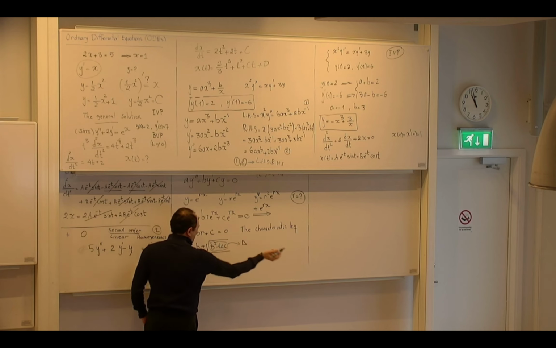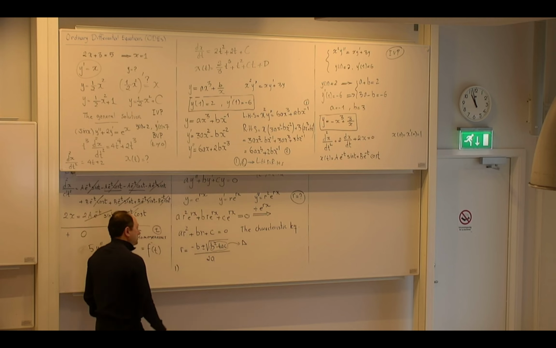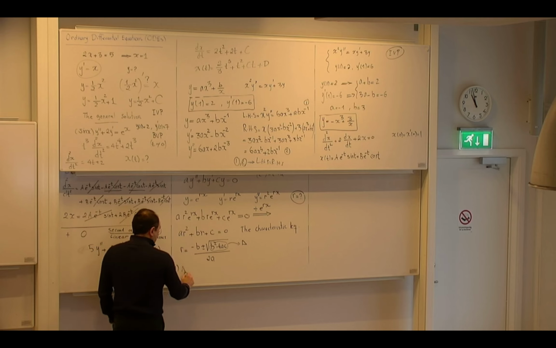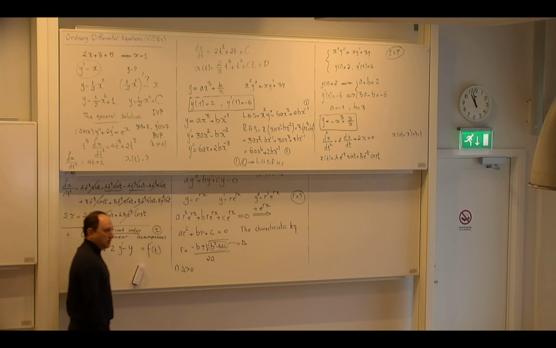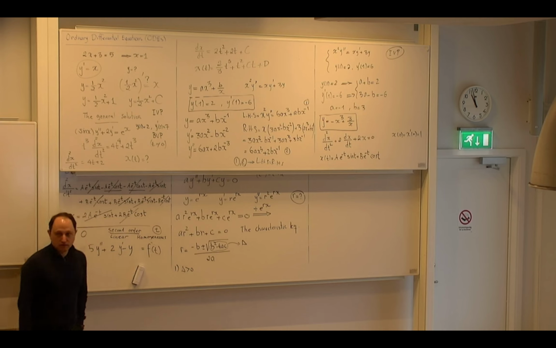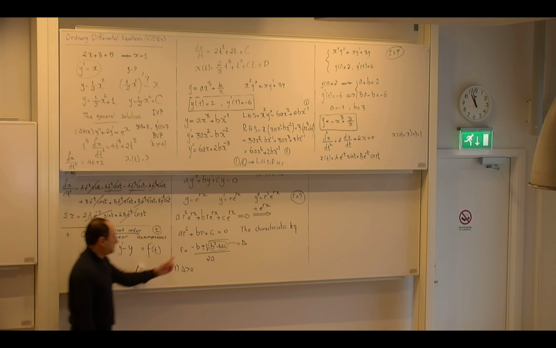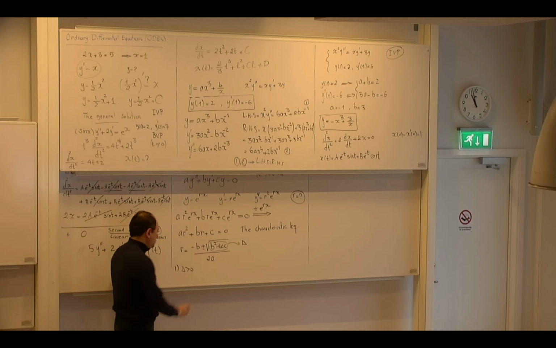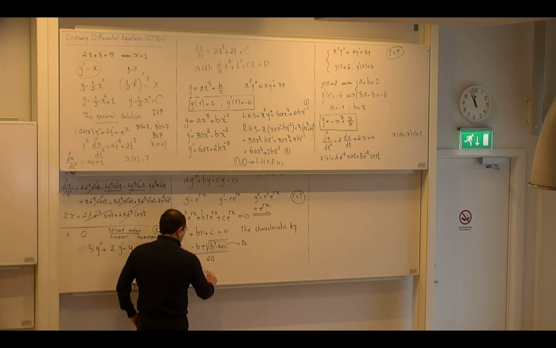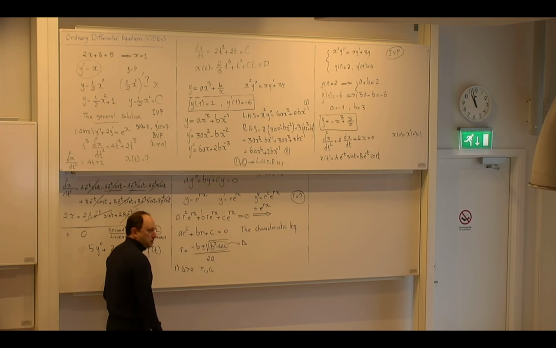I have shown it with delta. Sometimes we show it with capital D. So this means that if delta is positive, how many r's you get? Two, one with positive, one with negative. So you get two r's, r1 and r2. So it means how many solutions I got?